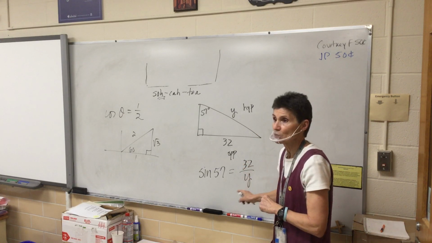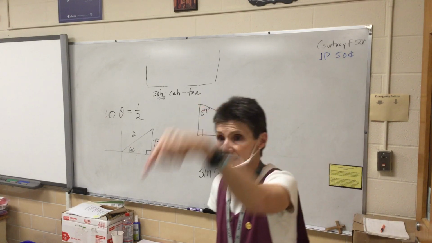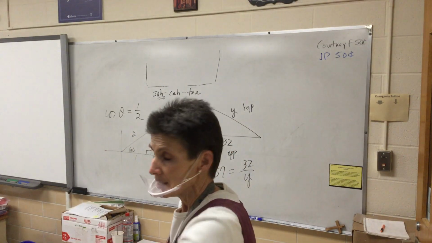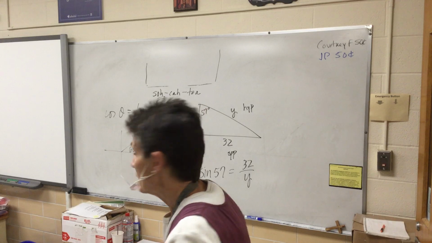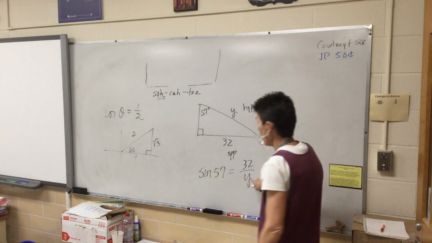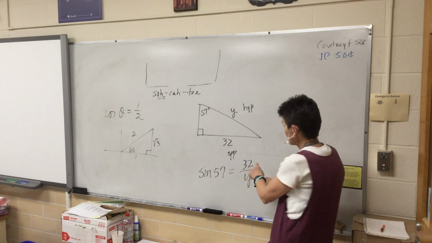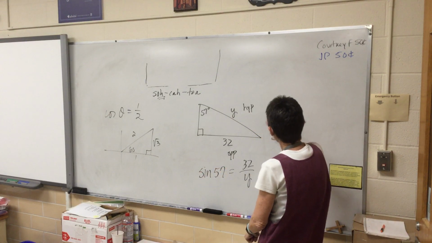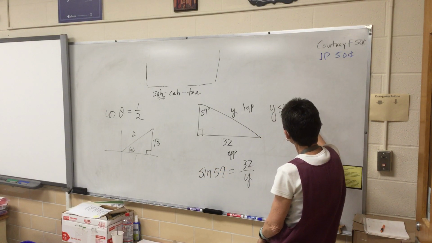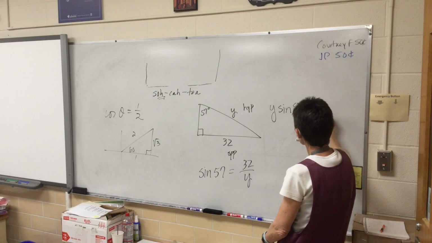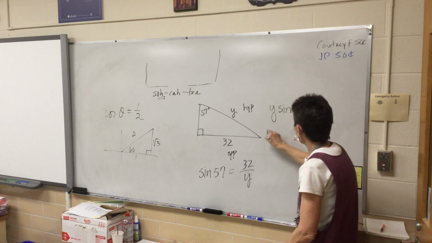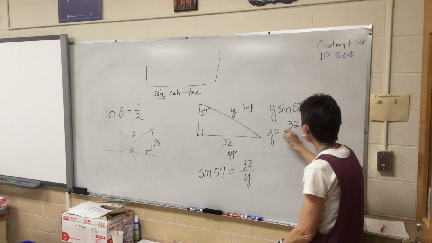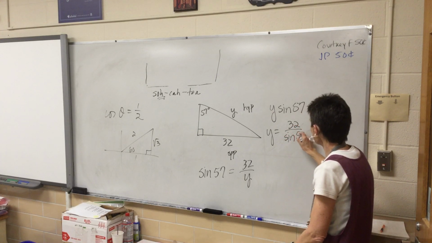So there's your equation. Now we're solving for y. So let's multiply both sides by y, and then divide. So y equals 32 divided by the sine of 57.